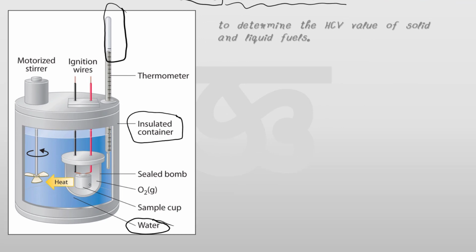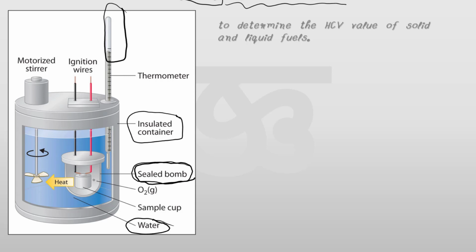You see, this is a sealed bomb. The actual burning will take place over here, that is why it is called a bomb. This is a sealed bomb, and the sealing material is a very good conductor. That means whatever heat is produced by burning the fuel will go to the water easily.